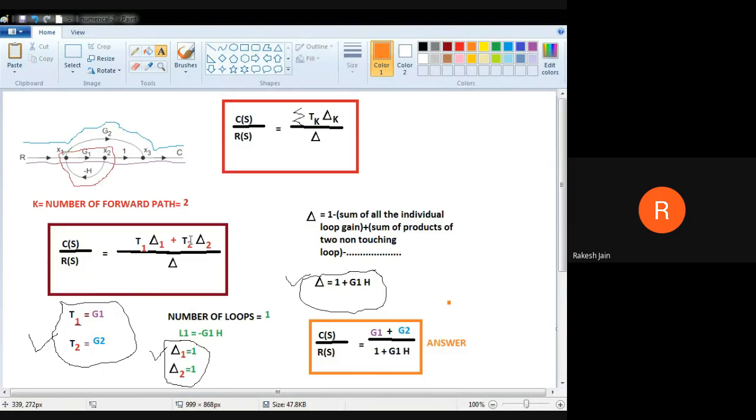T denotes the forward path gain. Del 1, del 2, del 3 show which particular forward path is not touched by which loop, and del means 1 minus sum of all the individual loop gains plus sum of the product of two non-touching loops minus sum of the product of three non-touching loops and so on.